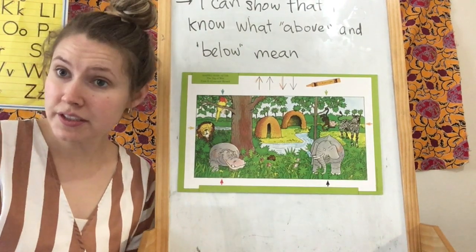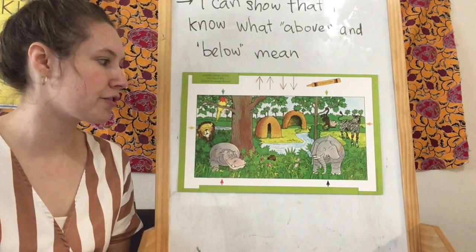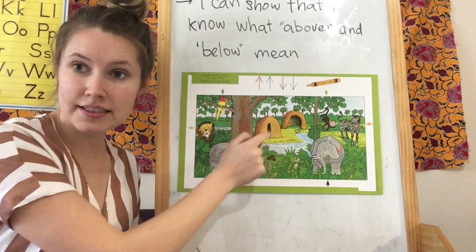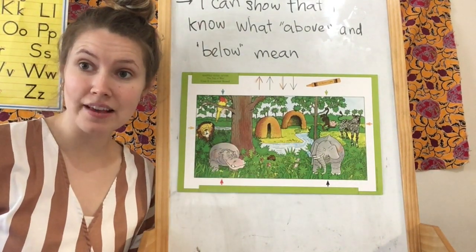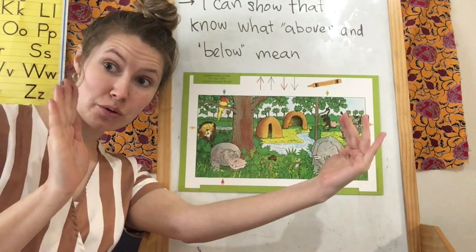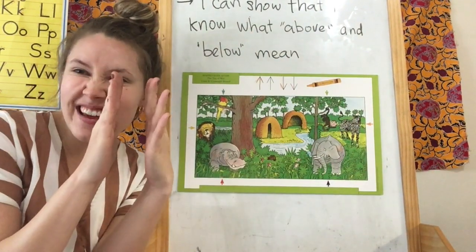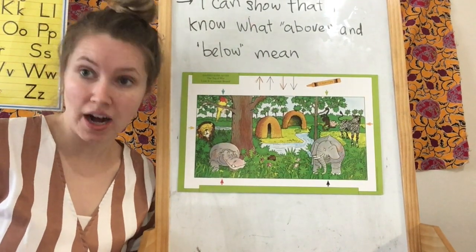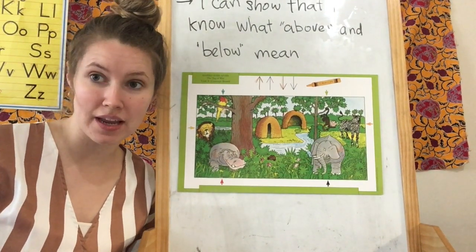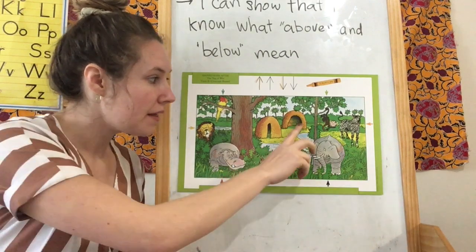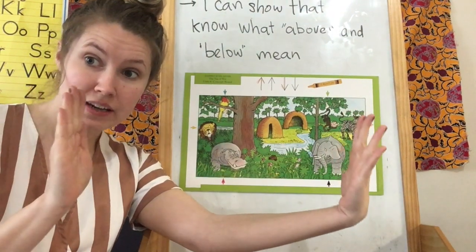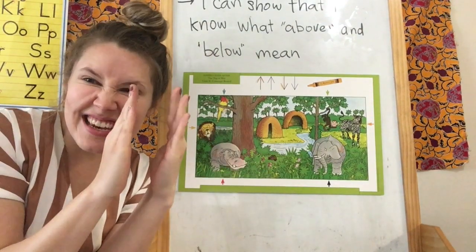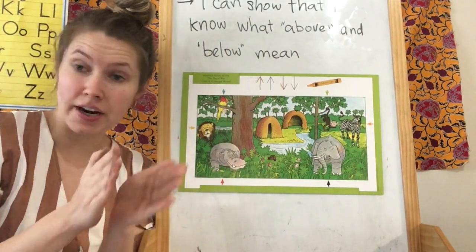Now there are some other details that I want to point out in this picture. Here we have two huts. One of them has a really wide door. The other one has a very thin door. Wide and thin are also going to be some concepts that we're going to talk about this unit. This is a very wide door. It's much bigger. And then we have a very thin door. It's much skinnier.